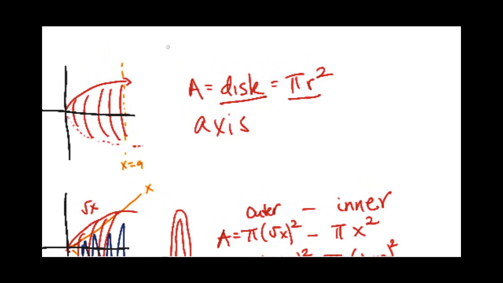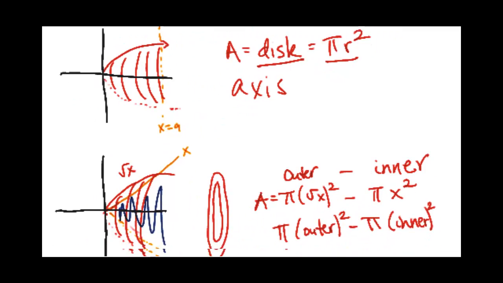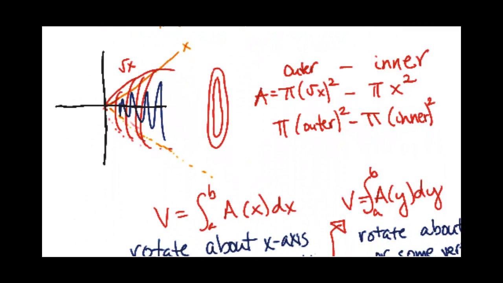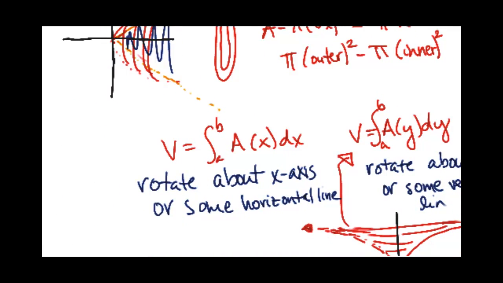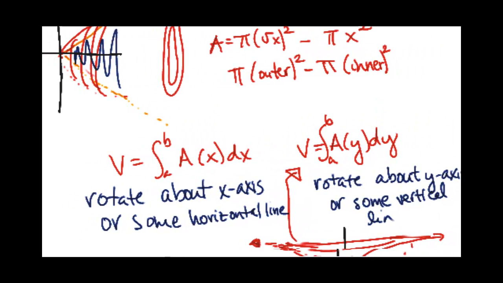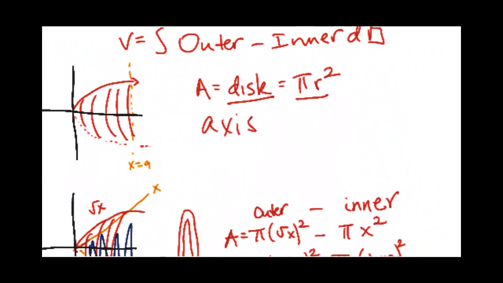The general theme here is outer area minus the inner area, and we integrate that to get the volume, d-whatever, depending on what type of revolution we do. Okay, so make sure you understand this concept because some of them do get a little tricky.